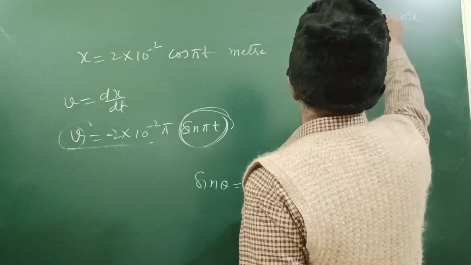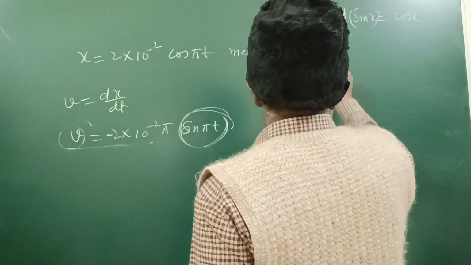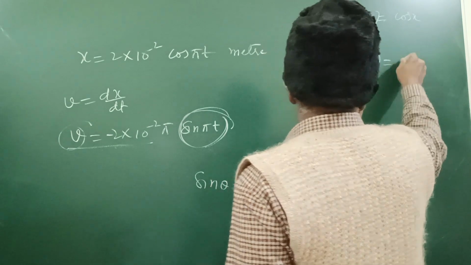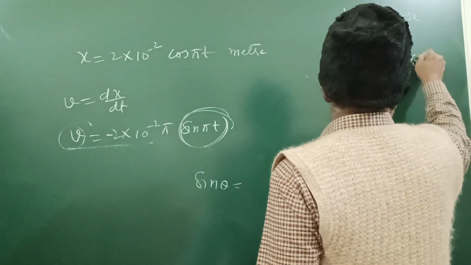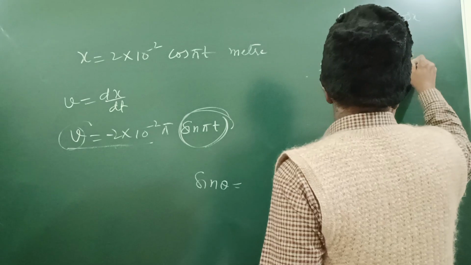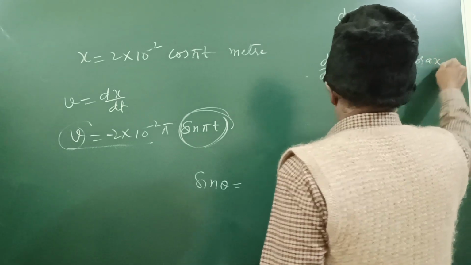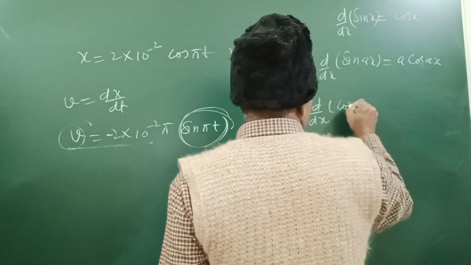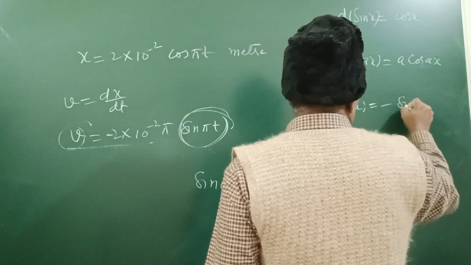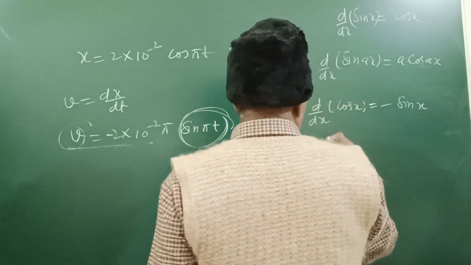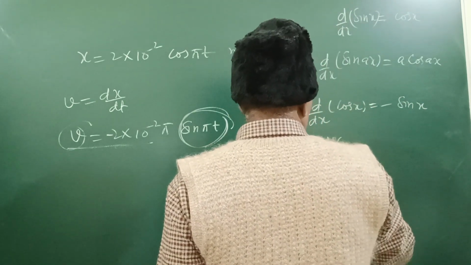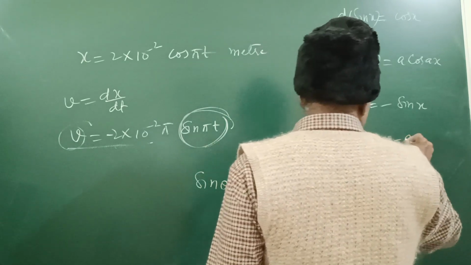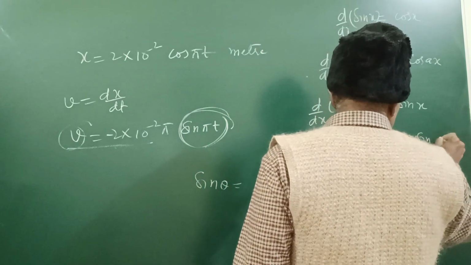d upon dx of sin ax equal to a cos ax. d upon dx of cos x is minus sin x. d upon dx of cos ax is minus a sin ax.